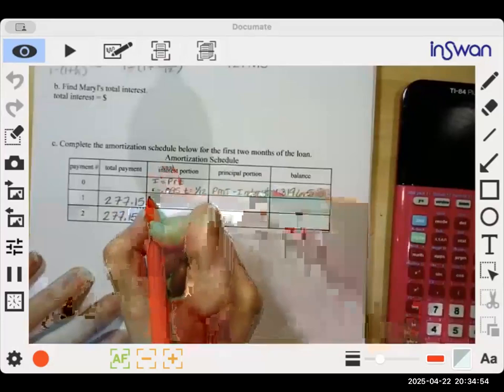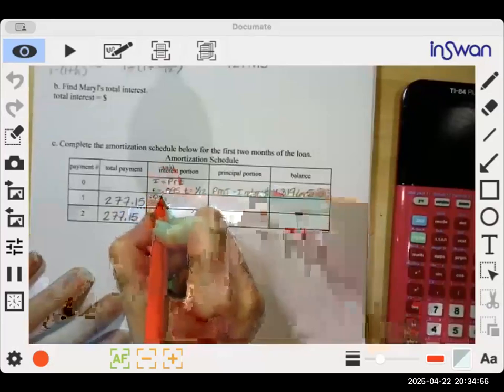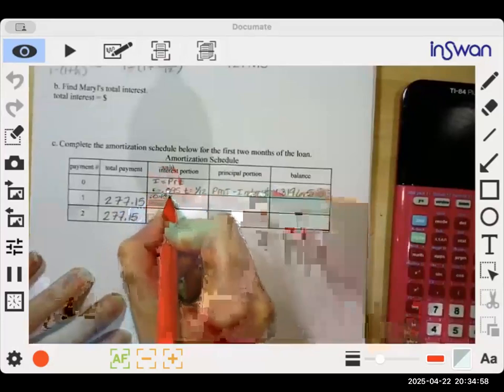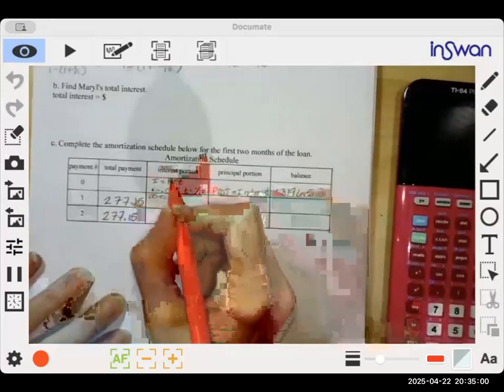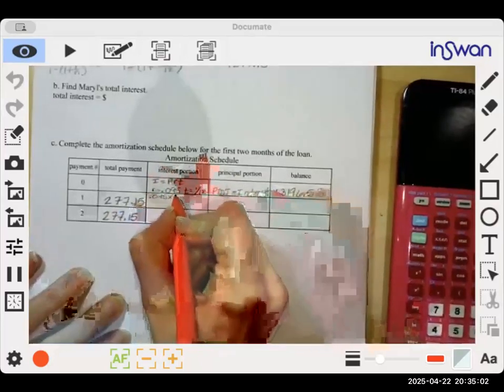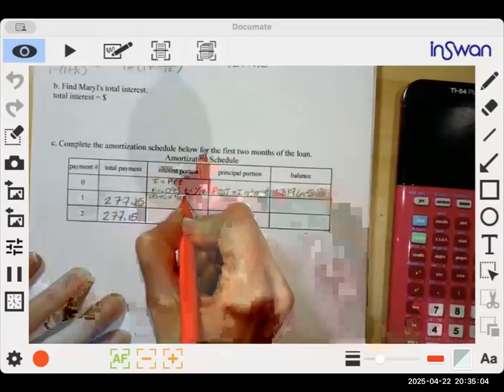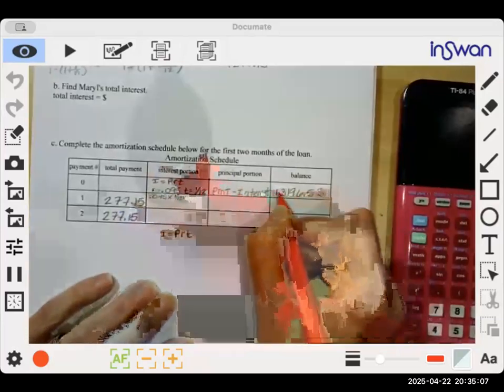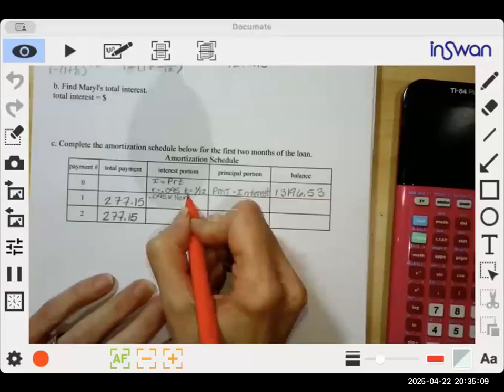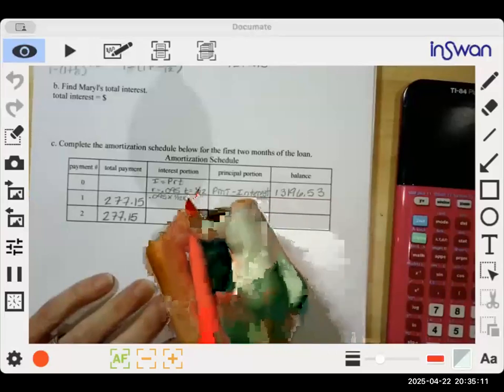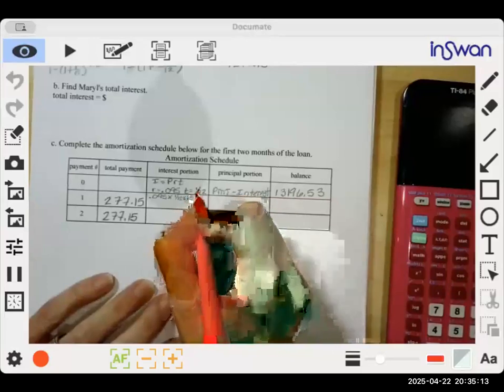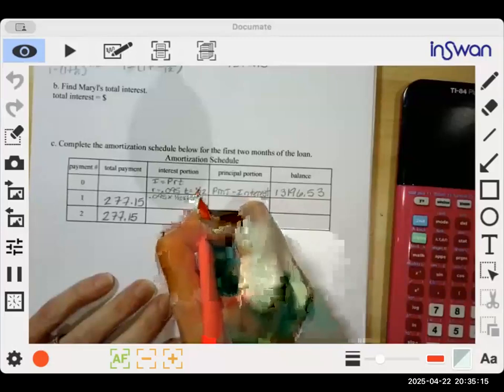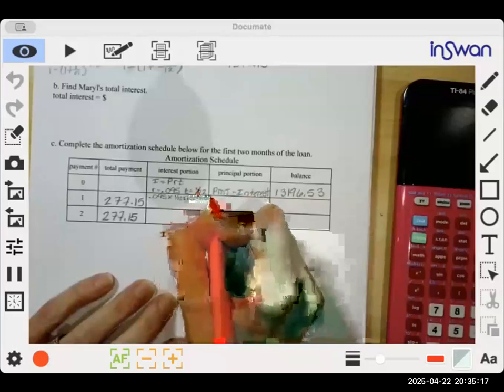So here, I'm going to have 0.095 times 1/12 times that balance. I'll try writing it small, 13196.53.